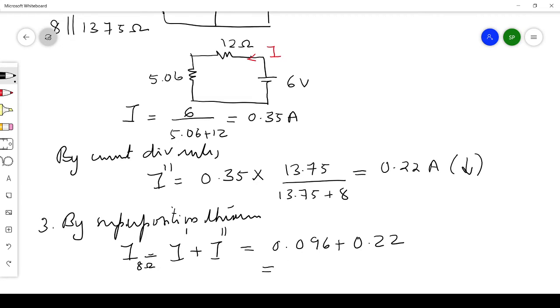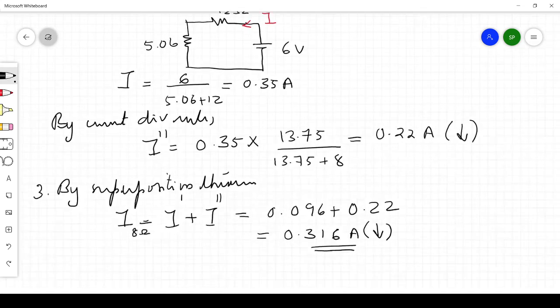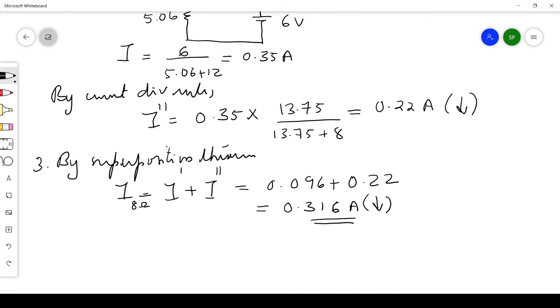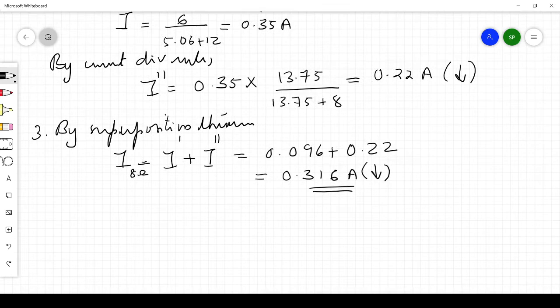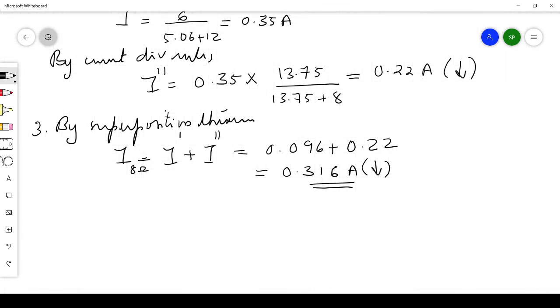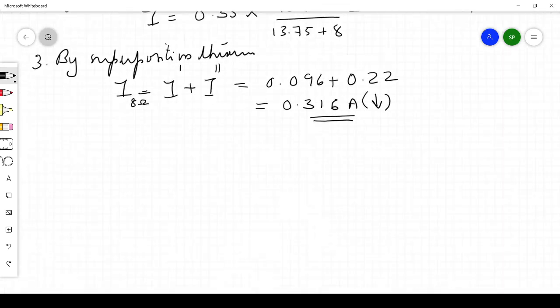So when you take the sum, that will be the current which is flowing through the 8 ohm resistor, and this is how we will be applying the superposition theorem. So 0.316 ampere is the value of current which is flowing through the 8 ohm resistor, and you got it is in the downward direction. Okay, I will solve one more problem.